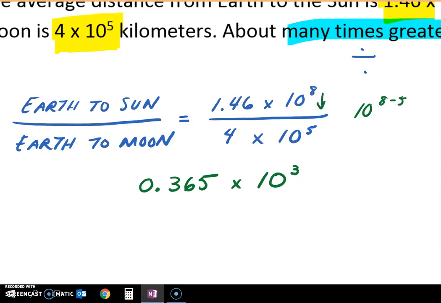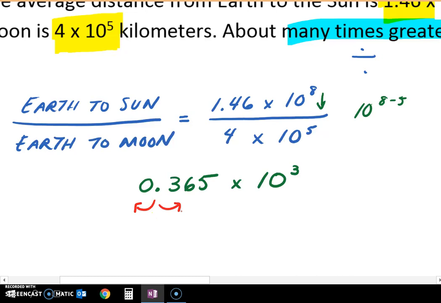From here, remember you have to look at your first factor. Is your first factor in correct scientific notation? 0.365 is not between 1 and 10, and therefore I need to move my decimal point. So, are we subtracting or adding a space? So this would be adding a space, and this would be subtracting a space.